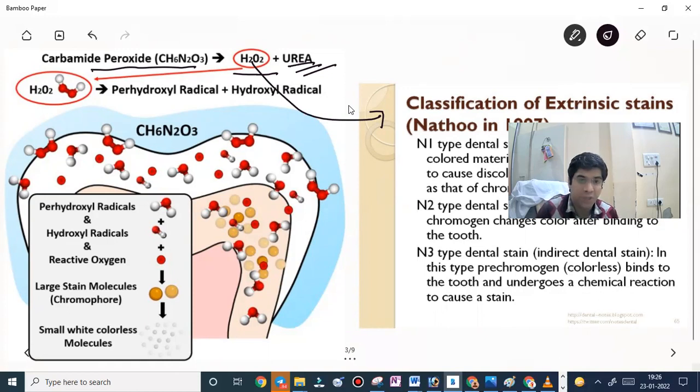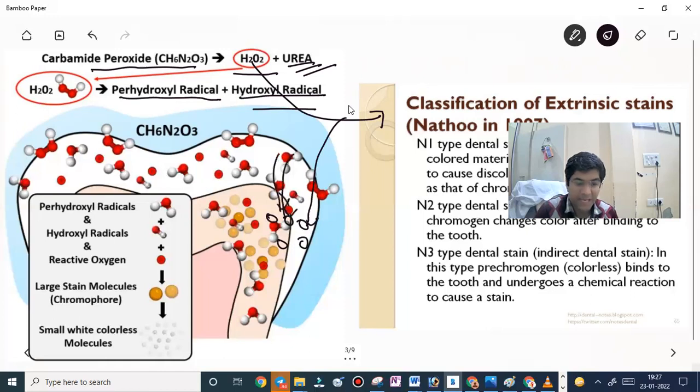What are those? They are perhydroxyl radical and hydroxyl radical. Now, what will these do? Suppose there is discoloration here. These radicals will diffuse.